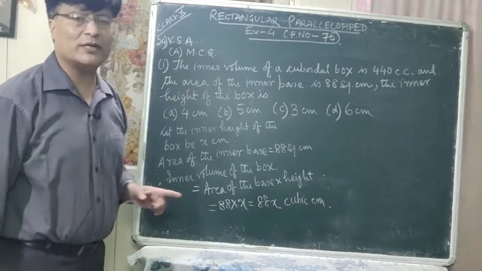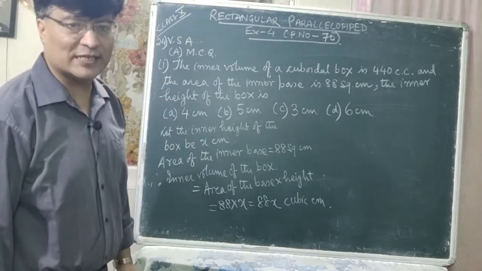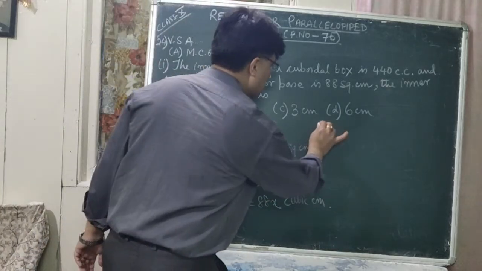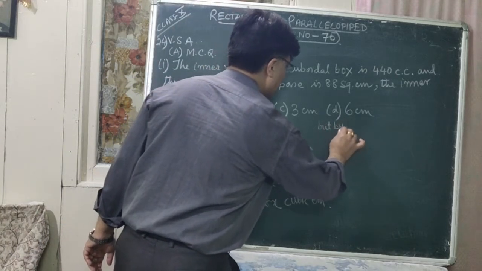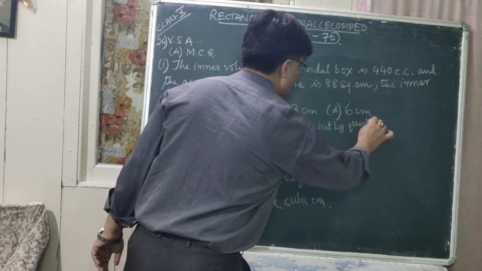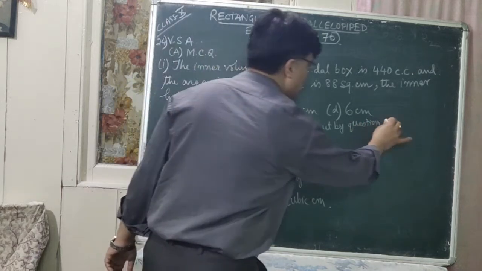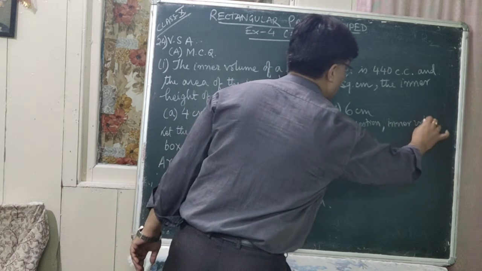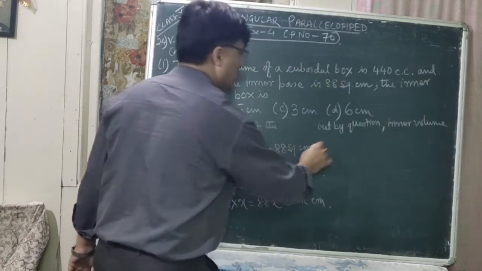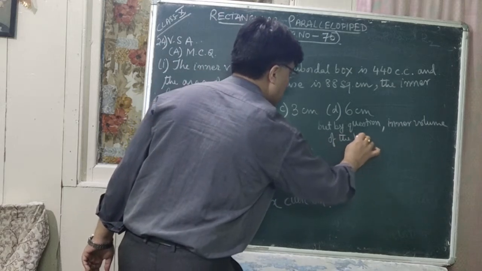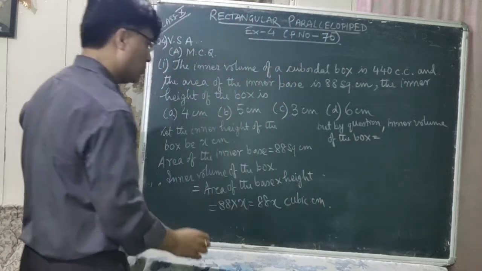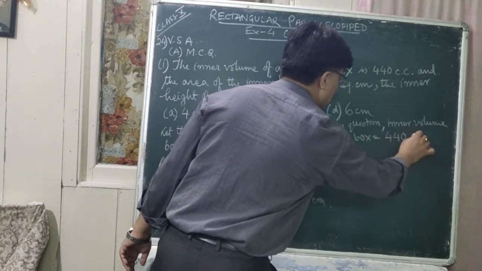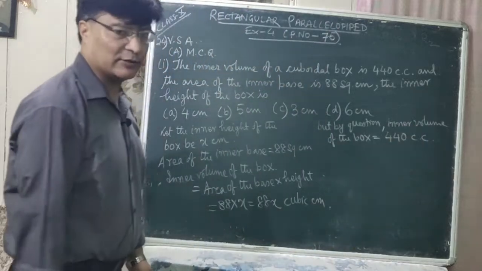But by question, what is the inner volume of the box? It is 440 cc. That means these two must be equal, isn't it? So write on, but by question, inner volume of the box is equal to 440 cubic centimeter, or you can write cc also.